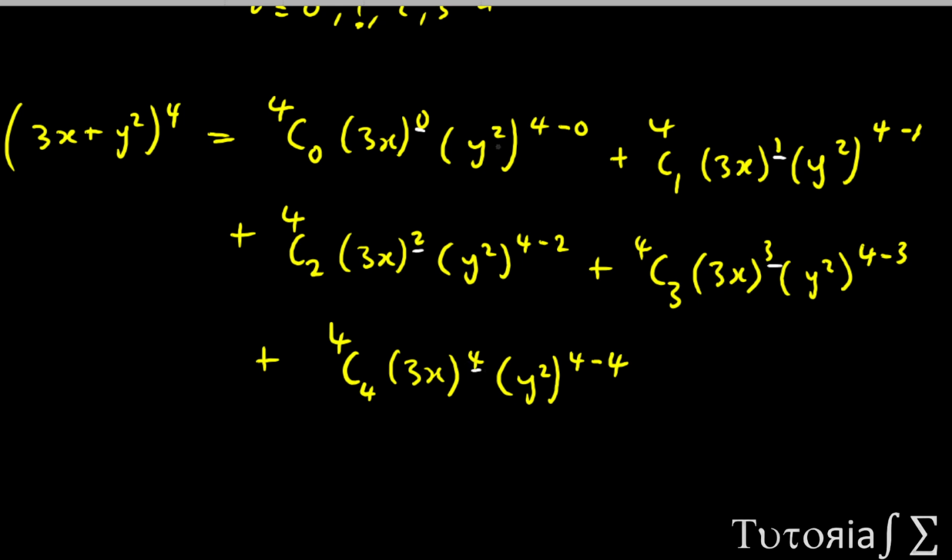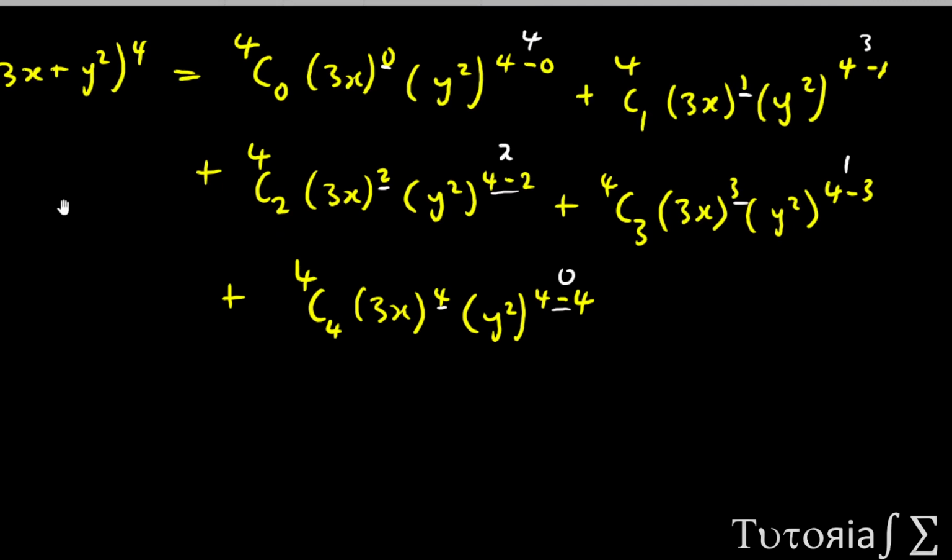Then on the other part we're going to have 4 minus 0, that is 4, 4 minus 1, that is 3, 4 minus 2, that is 2, then 4 minus 3, that is 1, then 4 minus 4, that is 0. So this is where we are going to have the reducing of powers and the increasing of powers. So I hope that answers your question.